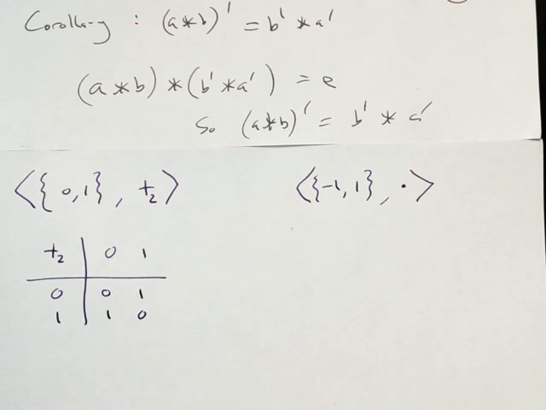Please notice, this is perfectly associative, this is closed. Every element has an inverse. And the identity is 0, right? You add 0 to something, it doesn't change.